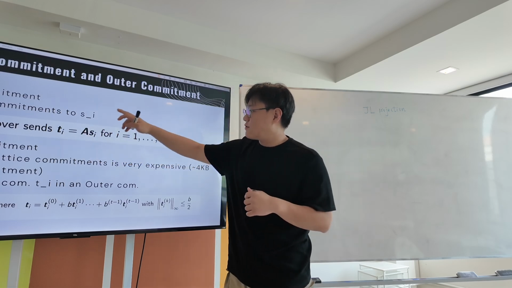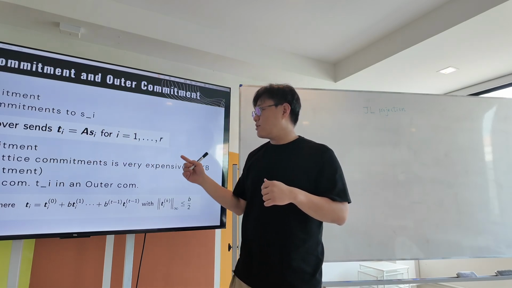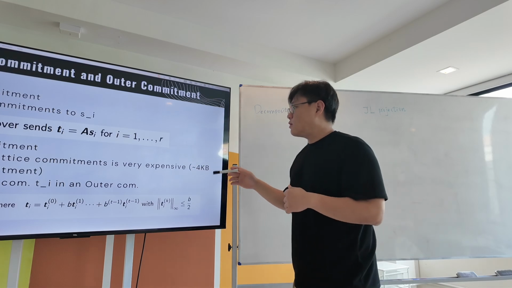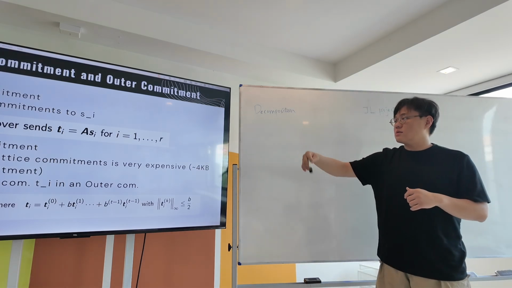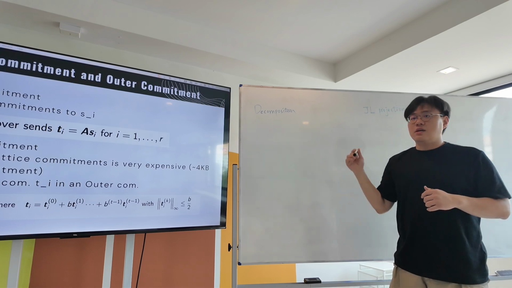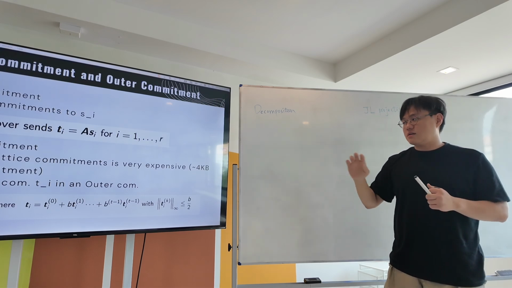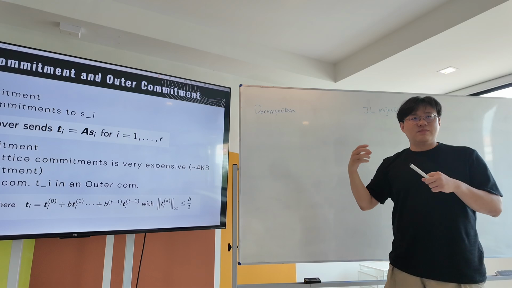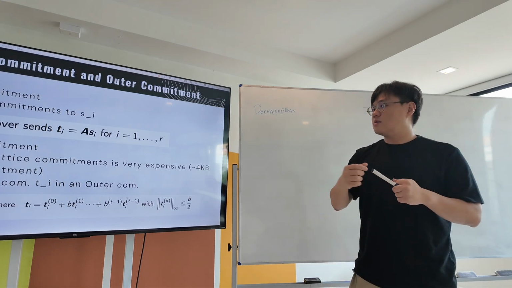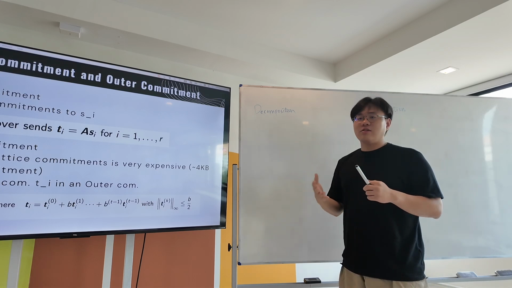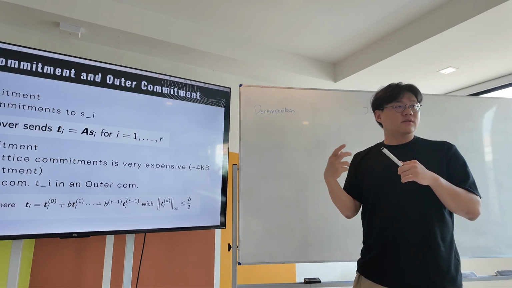This kind of commitment is called the outer commitment. The reason we decompose the inner commitment is that it can be computed more efficiently. So I will talk about how to decompose those Ti.